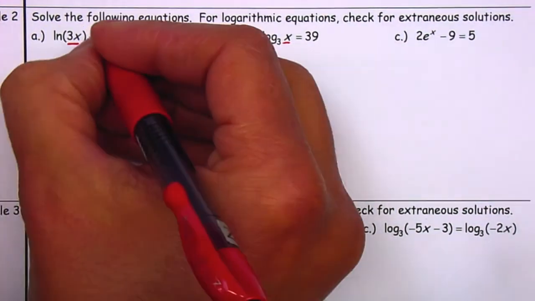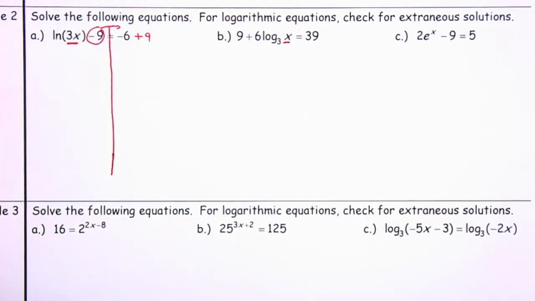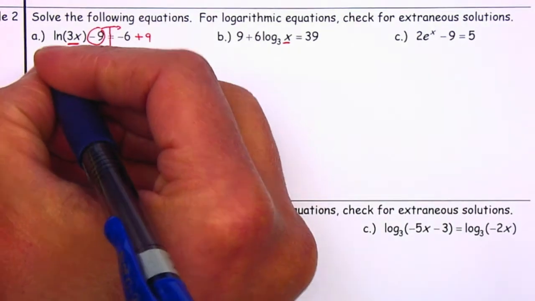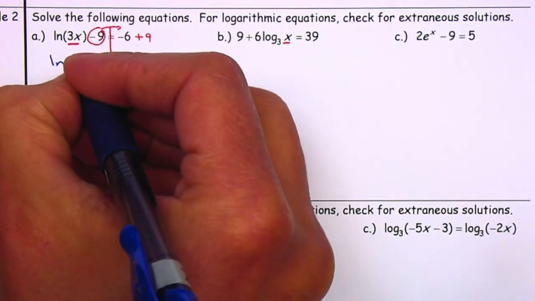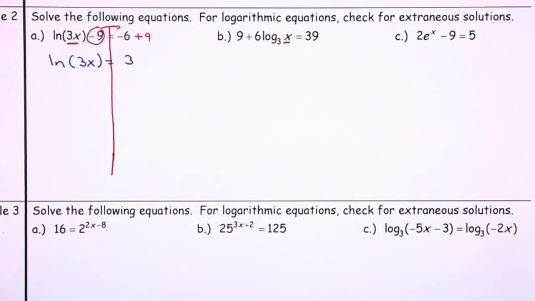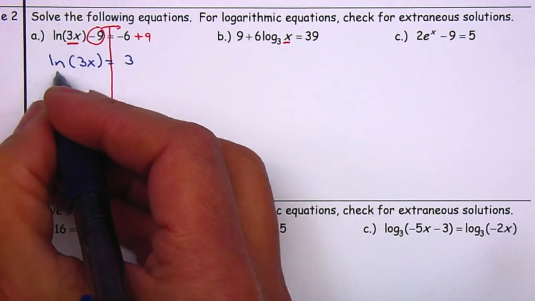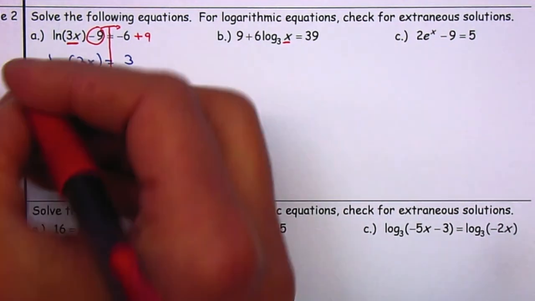Let's solve it. Same process. We're going to move 9 to the right, becomes a positive 9. We have the natural log of 3x is equal to 3. I want to get rid of a log, so the opposite of a log will be a base.